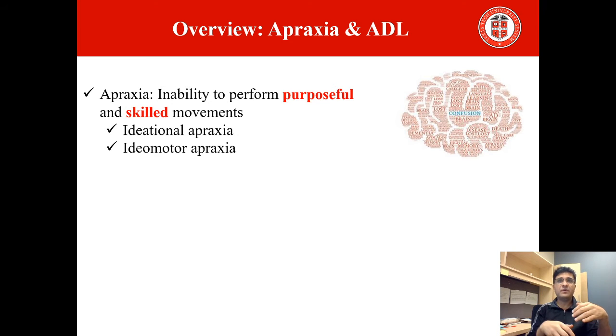Apraxia is a disease where there is an inability of a patient to perform purposeful and skilled movements despite the presence of sensory, motor, and cognitive modalities, but he is still not able to perform purposeful and skillful movements. It can be an ideational type, where there is a problem with the conceptualization of a program, or it can be ideomotor, where there is a problem with the execution of a planned program.